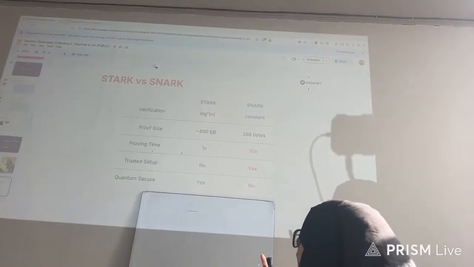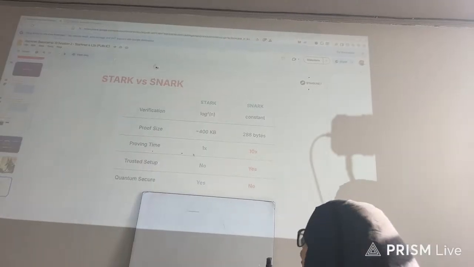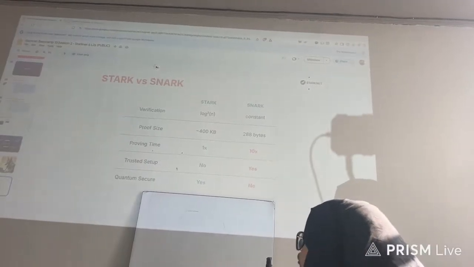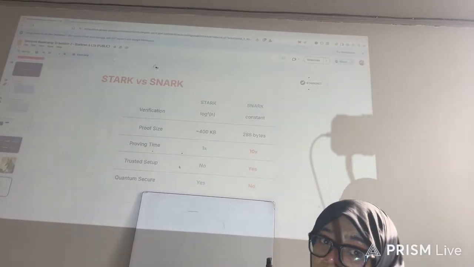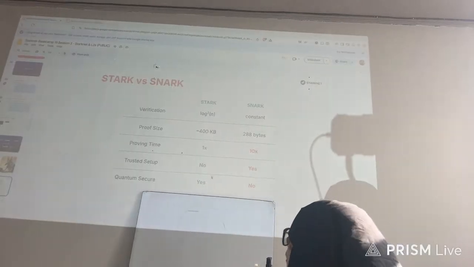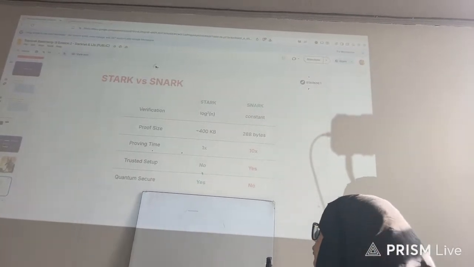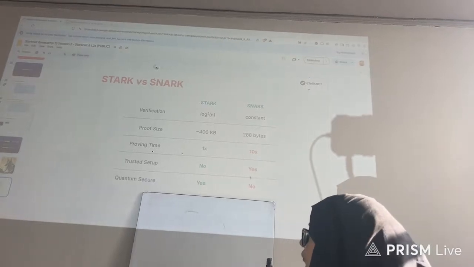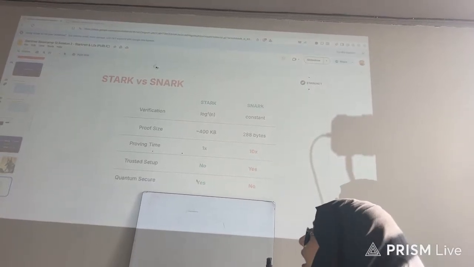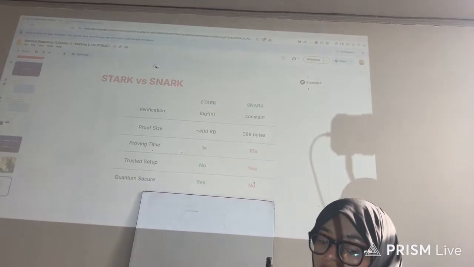The proof size is 400 KB here, and 288 bytes here. Proving time is just 1x here, and 10x here. What we talked about regarding a trusted setup: do you need a trusted setup to set up a Stark validity proof? No, absolutely not. While for Snarks you do need one, and Starks are quantum secure while Snarks are not.